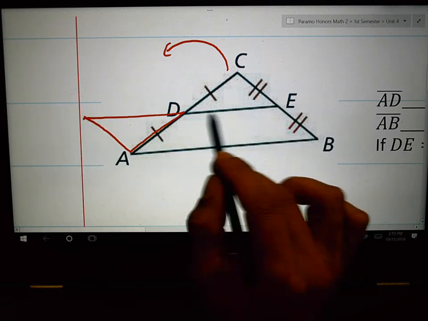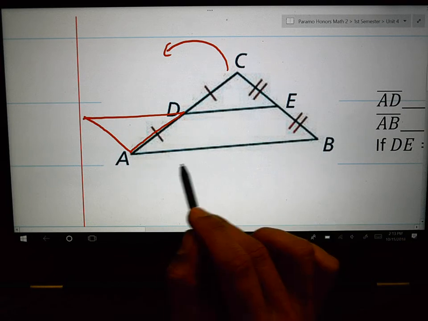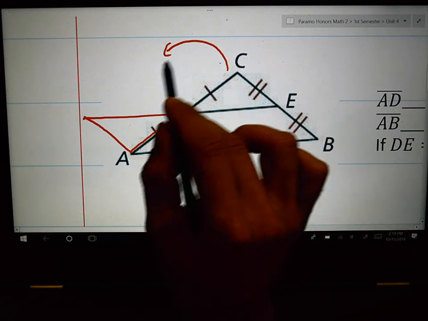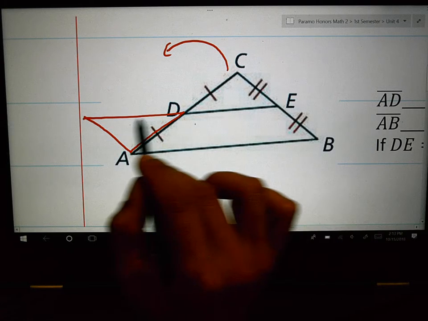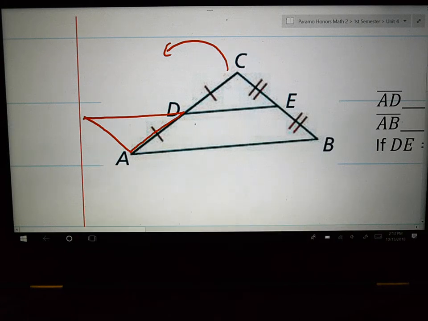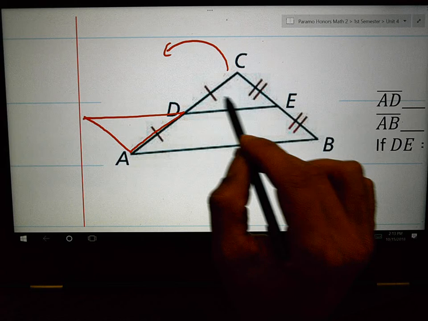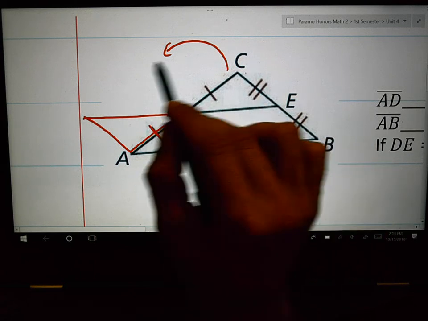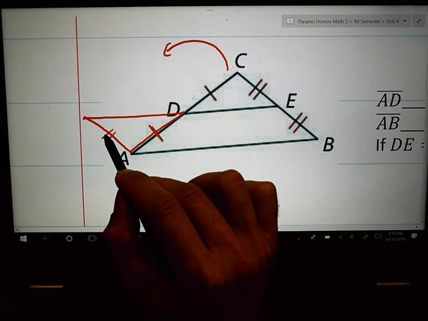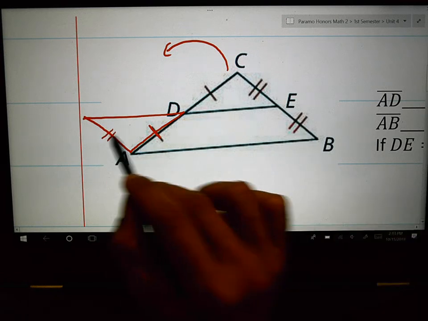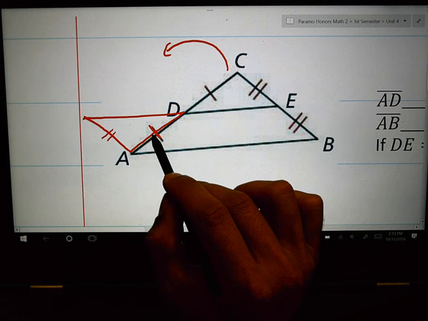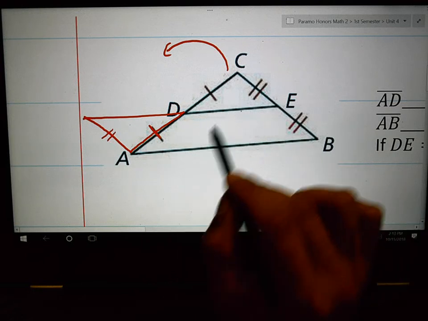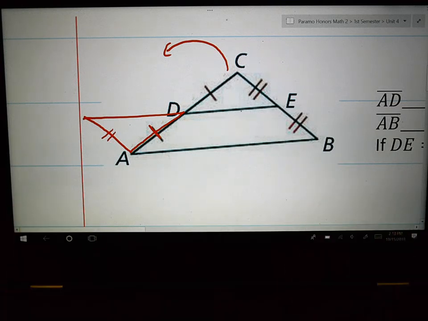Do you remember how we said that this was parallel to this? Well, that would mean that if I flip this until it hit, then that's still going to be parallel. And what you would have is this shape. Since this is a 1 and this is a 1, and the 2 would end up being right here, you would have the double and the double the same, and you would have the single. And what shape would it be? A parallelogram.